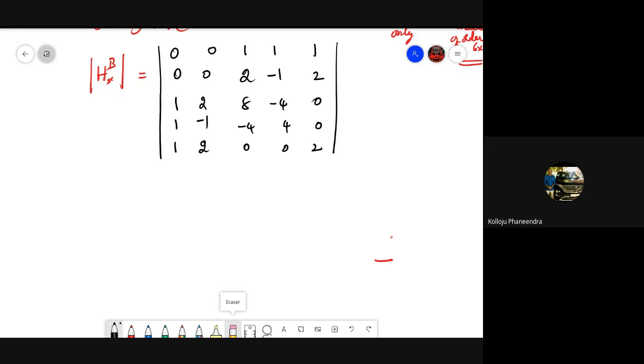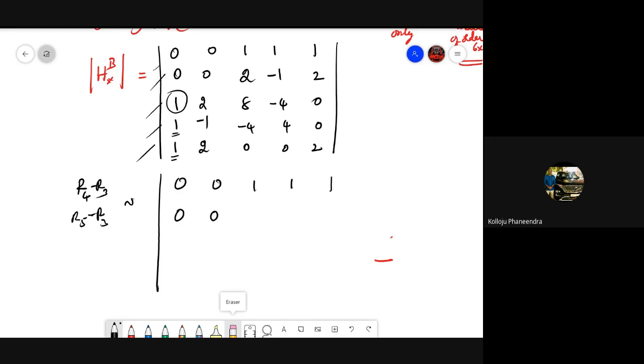Same logic. What is the application? First row, second row, third row, fourth row, fifth row. Let us make these two positions 0 using this 1. That means R4 minus R3, R5 minus R3. If I do like this, it is better with 1 only. Using the first column, I can expand this determinant.